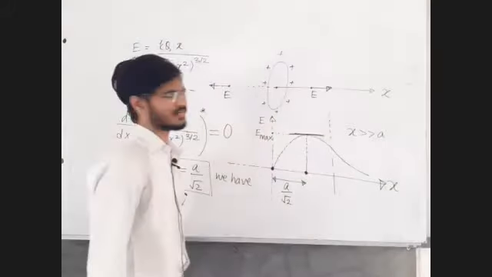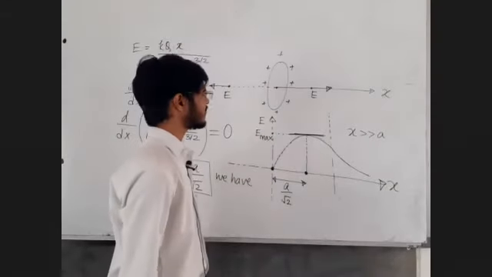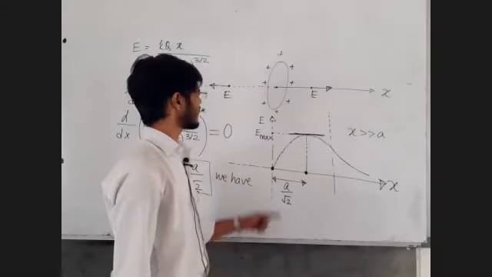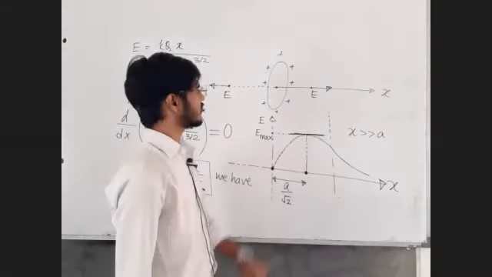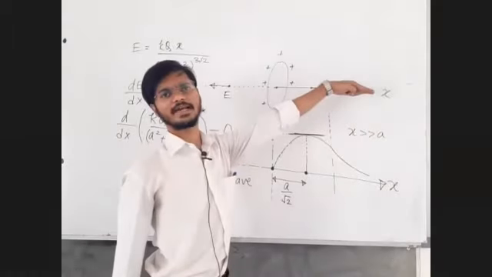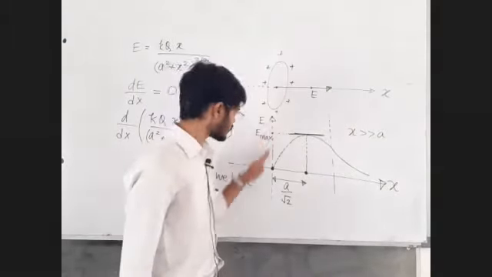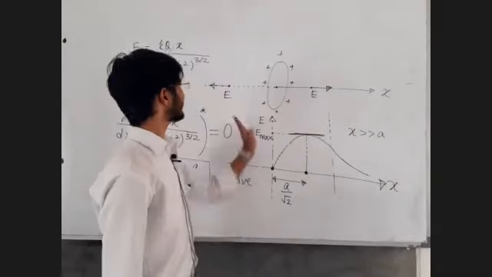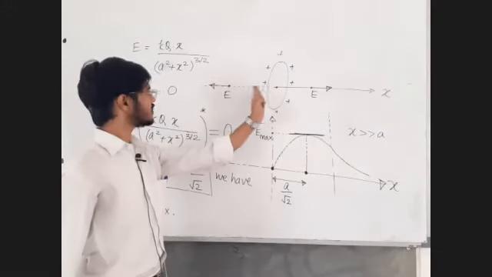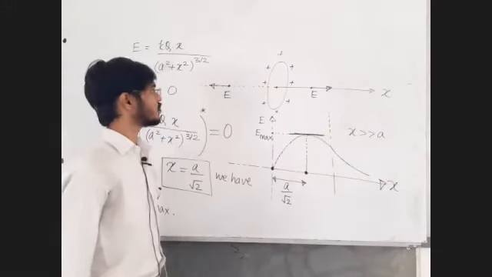Now electric field is a vector. We are plotting the electric field, so let us respect the electric field as a vector and take this direction of electric field as positive. So plot the positive values of electric field, and let us take this direction of electric field as negative and plot these values as negative values.